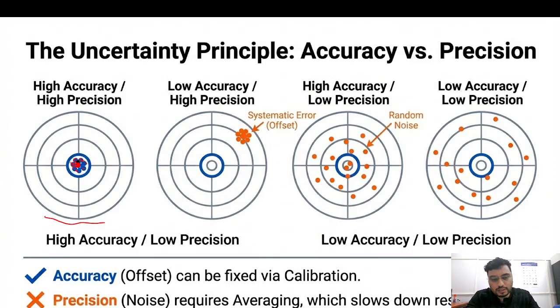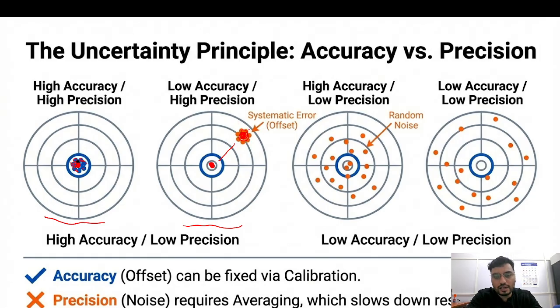If you are talking about the accuracy and precision for the second image, this is the target point, where we should achieve the measurement. But what is happening is that it is concentrated somewhere else, not at the target point, so it's a little far from that. So the accuracy is very low, but the precision is very high.